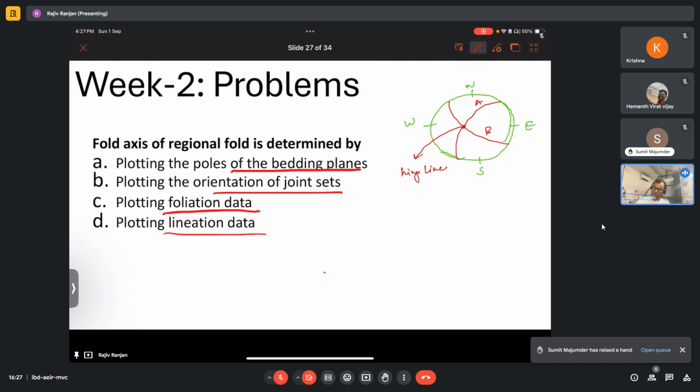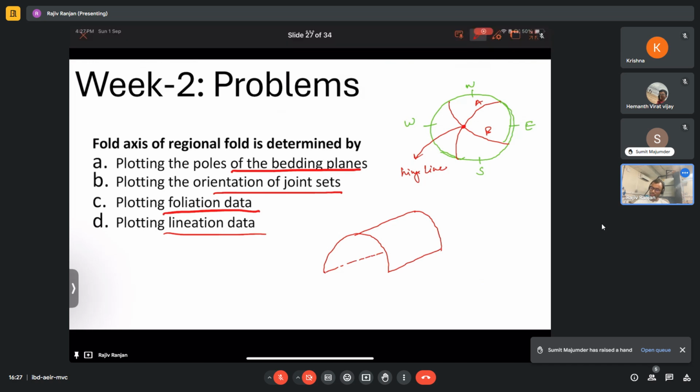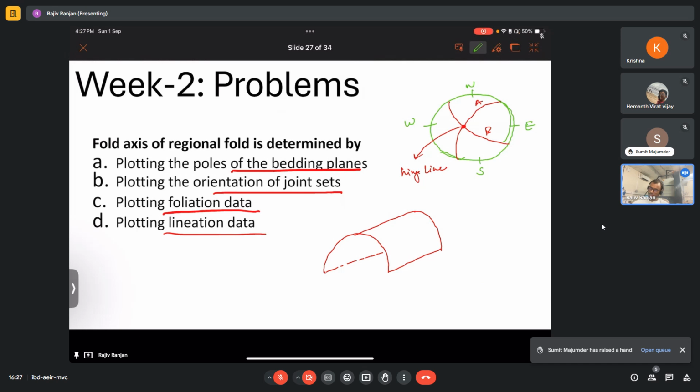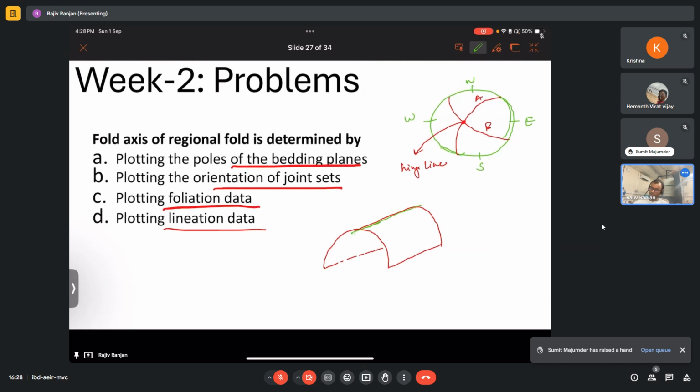And you know that, suppose this is a fold, and this is your hinge line. And parallel to the hinge line, all the other lines will be your fold axis.